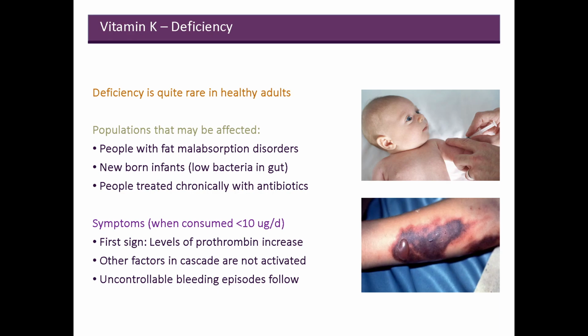Other factors in the cascade are not activated. Therefore, after prothrombin, none of those factors are ever created or activated. So vitamin K helps with coagulation. Therefore, the deficiency of vitamin K is uncontrollable bleeding episodes.